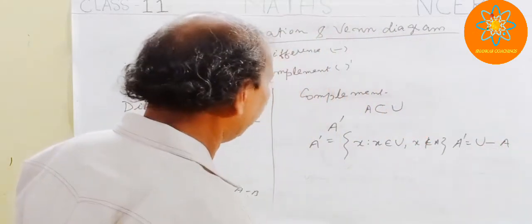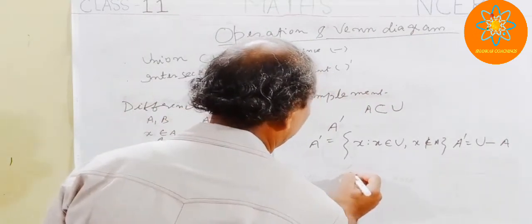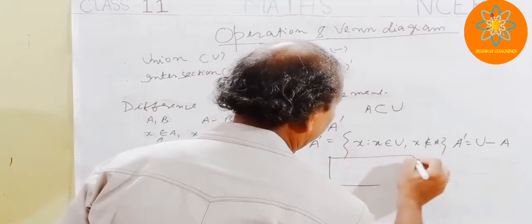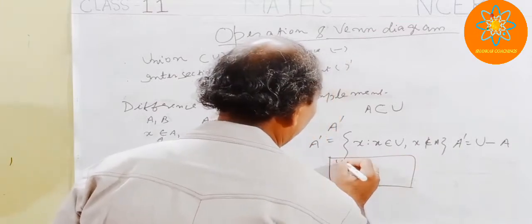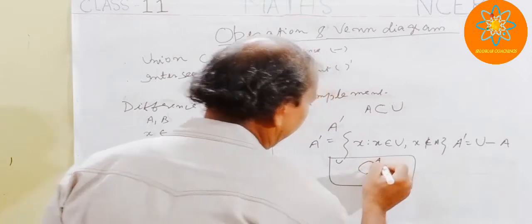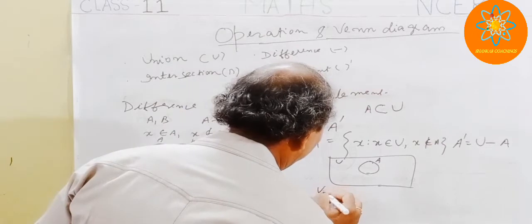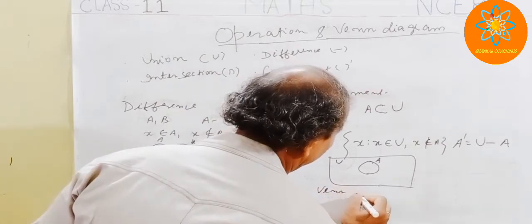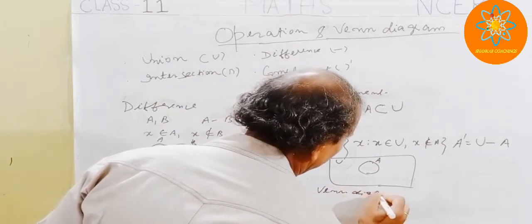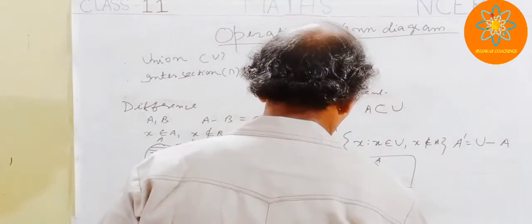And how do I represent the Venn diagram? Suppose I have the universal set U, and here is one set, set A. The Venn diagram of A complement is represented this way.